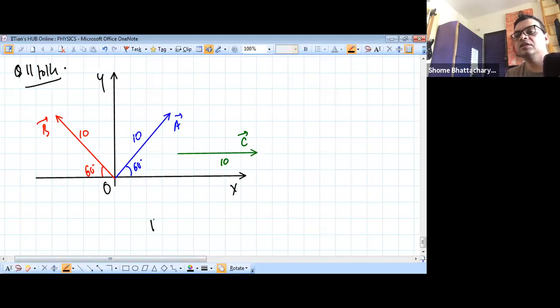So for example, in the 11th question, you have to work out what is A plus B and what is E minus B, so that you can select the correct option.